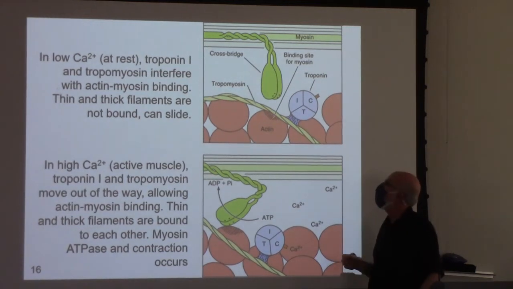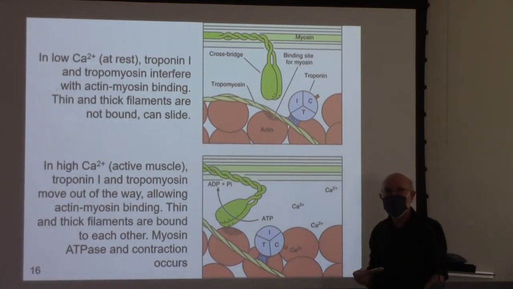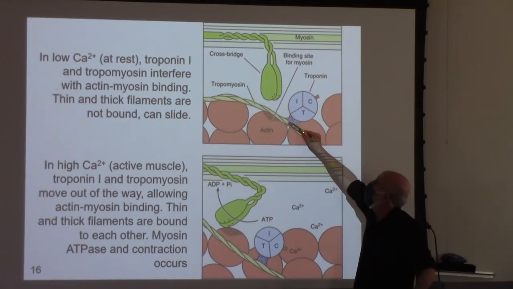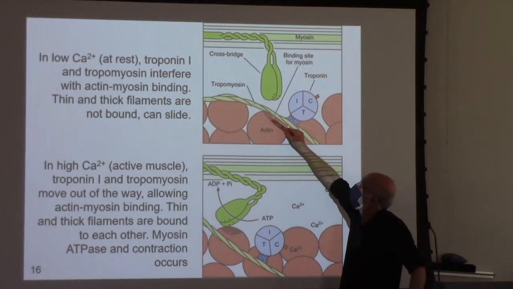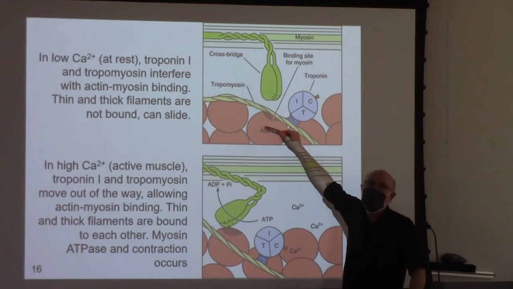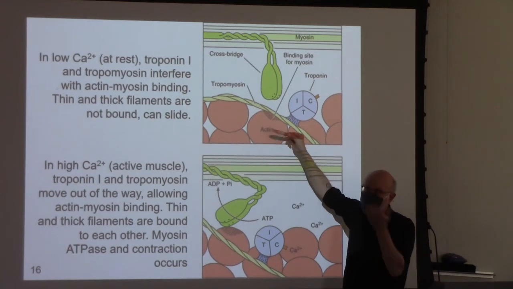So in low concentrations of calcium, muscle relaxed, can be stretched, troponin and tropomyosin block the binding site for myosin on actin. Competitive inhibition.